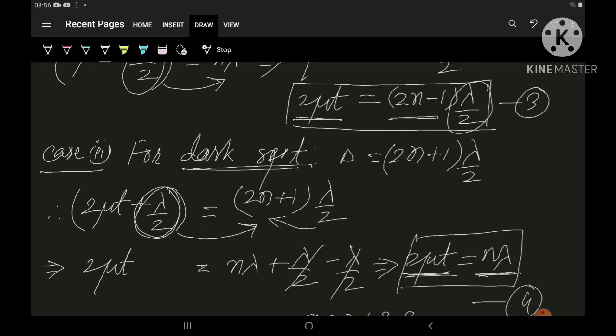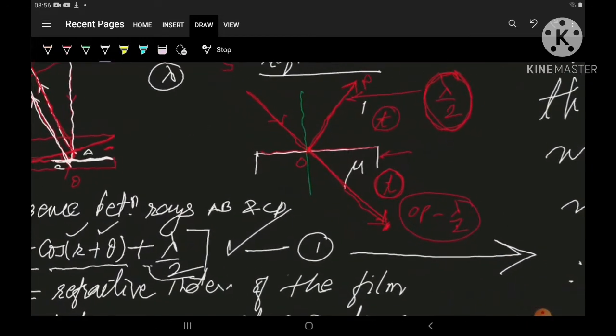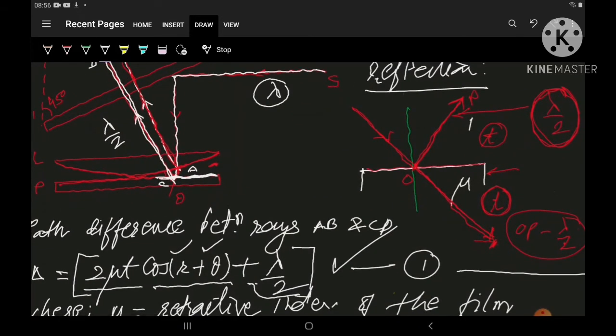By using this concept, let us consider the point of contact. The point of contact means this is the point of contact, where the convex surface of the plano-convex lens and the glass plate P just touch one another.